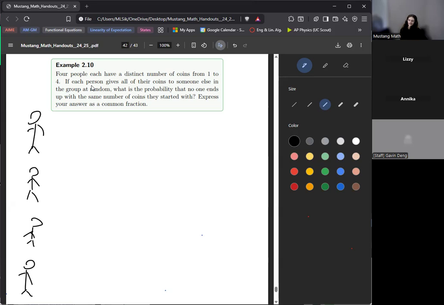It might be a little bit difficult to count all the ways that no one ends up with the same number of coins they started with. So what we might want to use is complementary counting. So let's do this. What is the probability that someone ends up with the same number of coins?